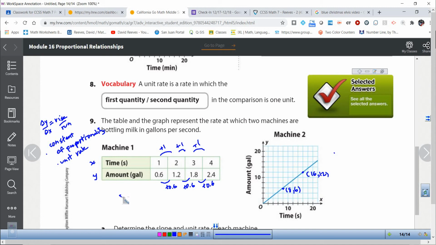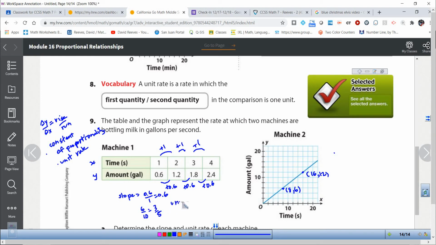So our slope is 0.6 over 1, or 0.6. All right, by the way, if you wanted that to be a fraction, that would be 6/10, which would be 3/5. So that is our slope. That is our unit rate.